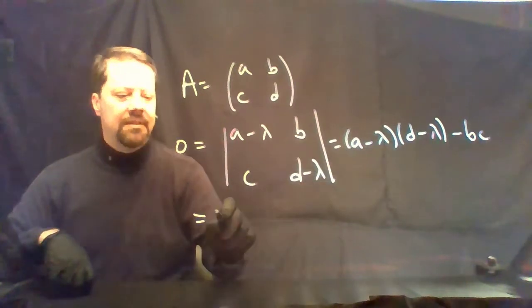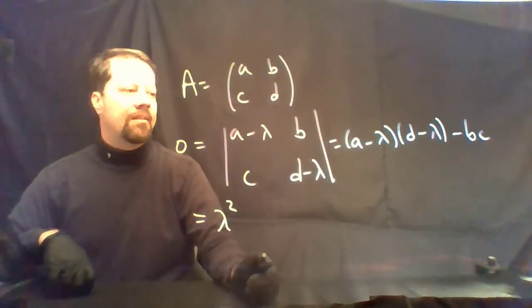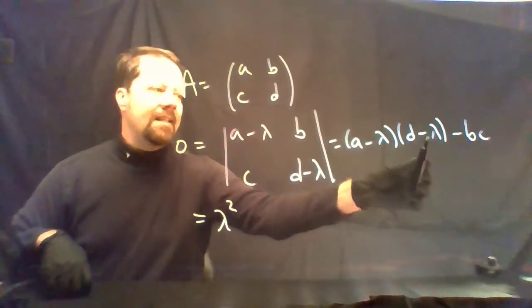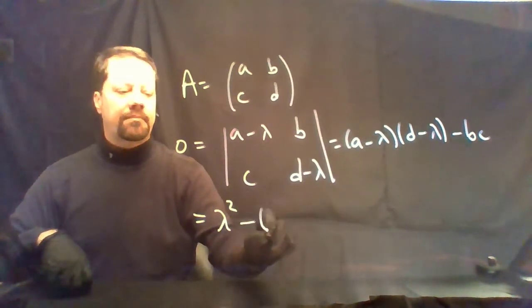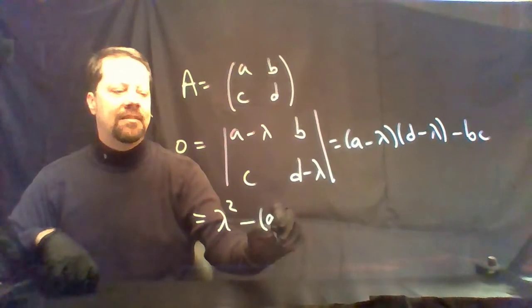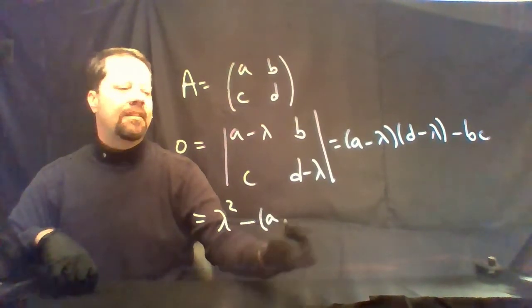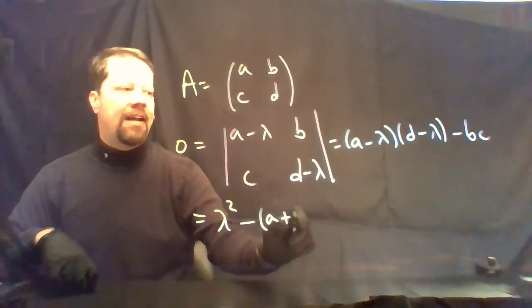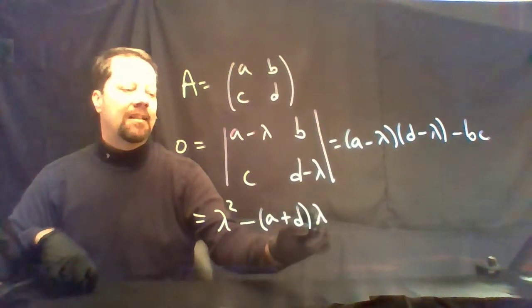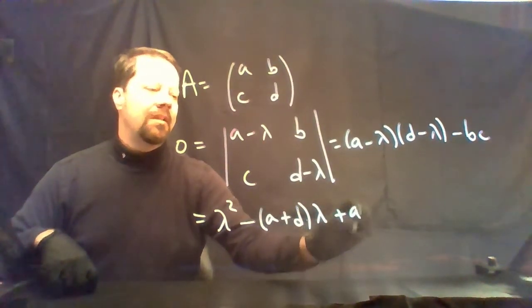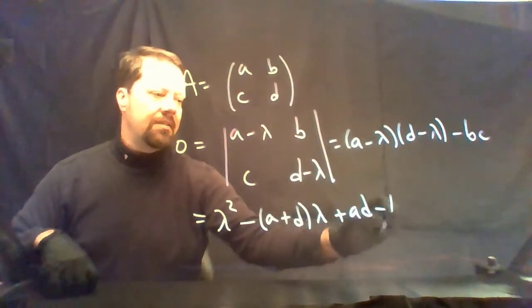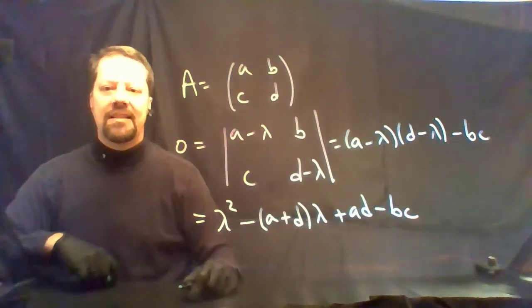Foiling this out, you'll have lambda squared. You'll have a minus A lambda and a minus D lambda. Factoring out the negative and the lambda, we'll have minus (A plus D) lambda. Then we get plus AD minus the BC that's already there.